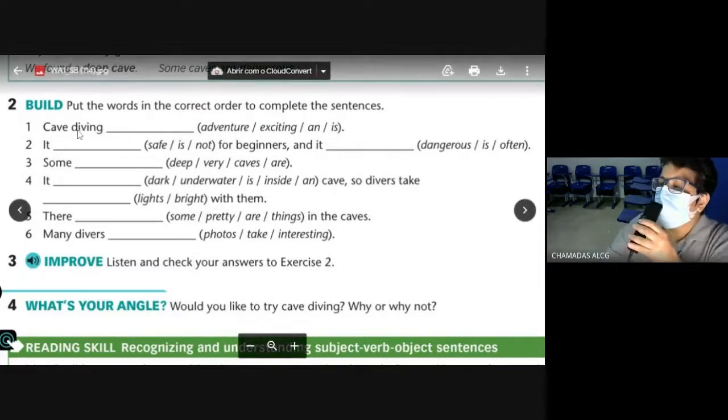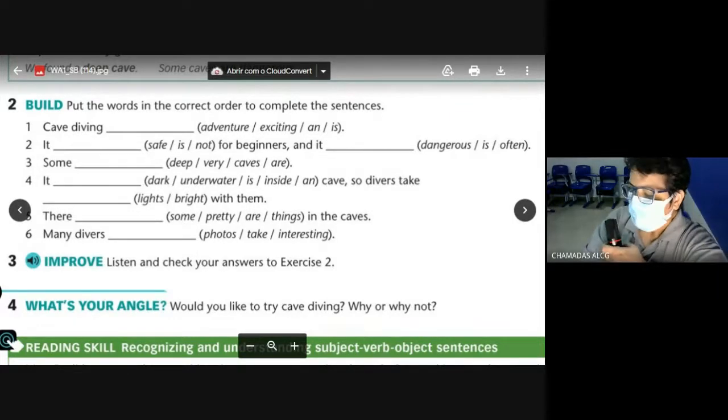Okay, so cave diving is an exciting adventure. This is how we should complete. All right. Can you see that, people? Is it visible for you? Okay, thank you, Felipe.